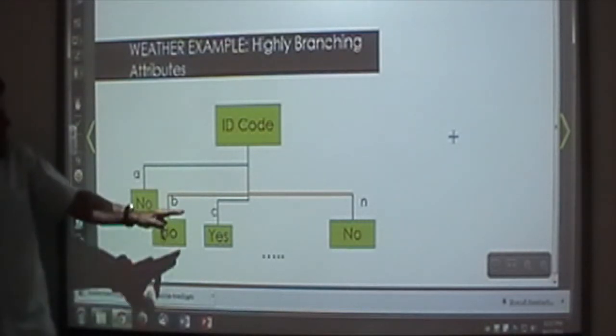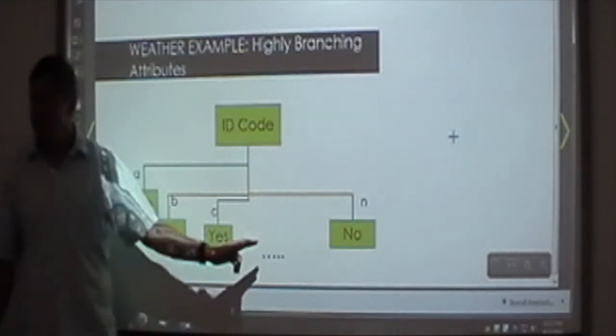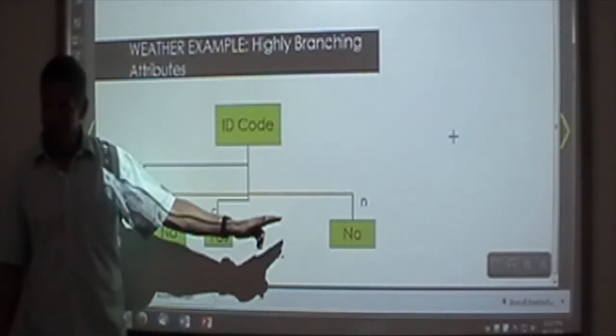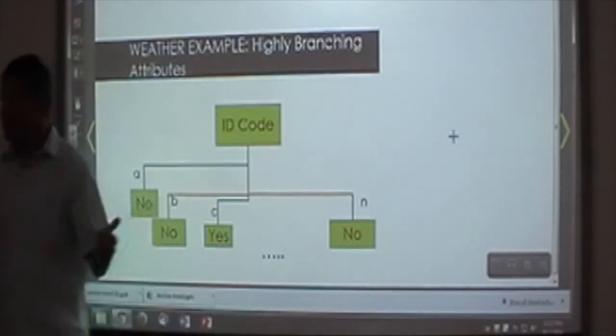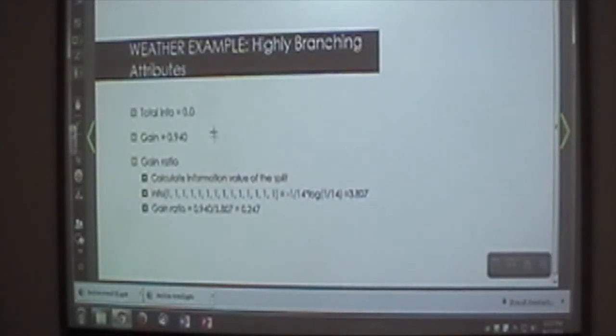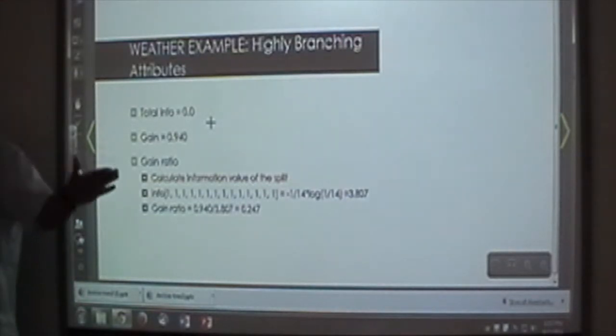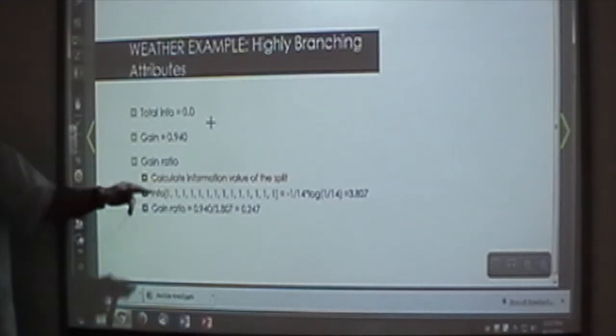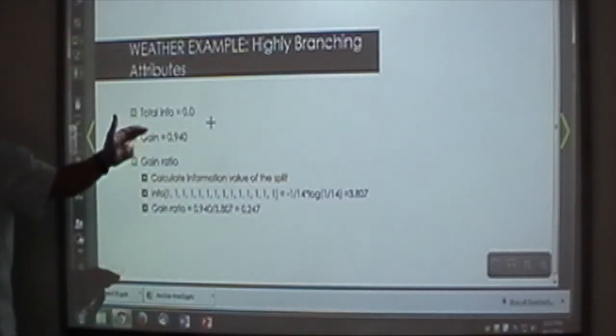Same thing with B, C, D, E, F, G, all the way up to N, the 14 cases. And if we calculated our total final information, because it's completely determined at that point, if you classify off of your root ID, you've classified everything right away. There's no more information to be gained.